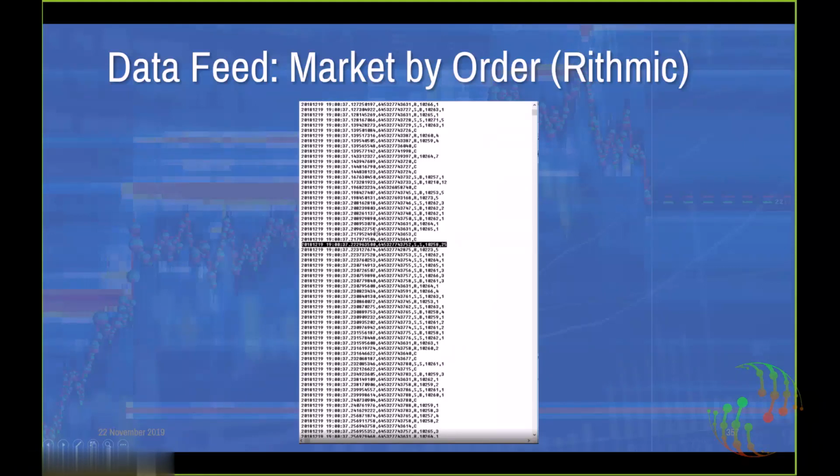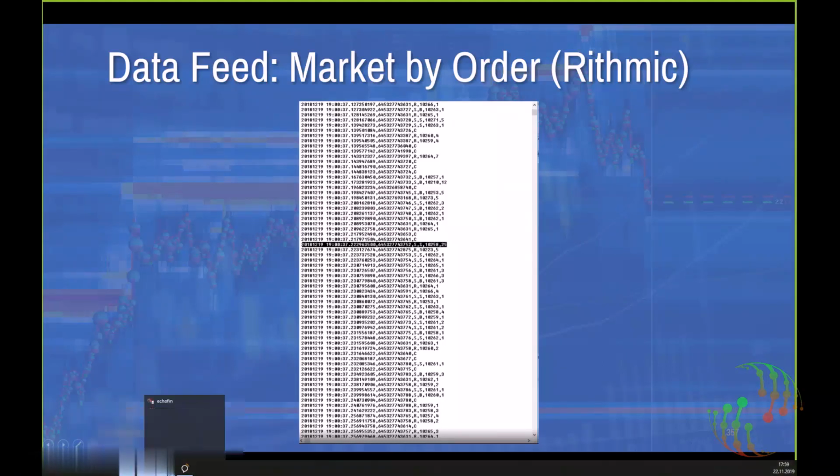So there is a difference between real market data, with every traded level or every available level, and aggregated data, which are sampled or throttled data. Therefore, we recommend Rhythmic or DX feed.